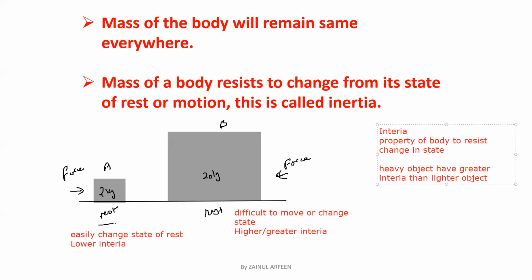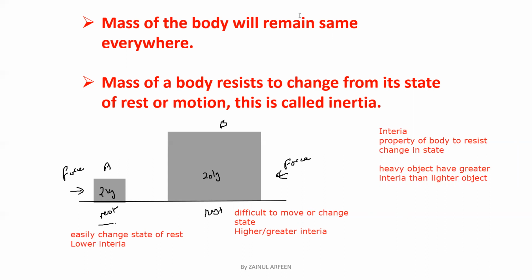Because heavy objects are difficult to move, lighter objects are easy to move. So the concept of inertia is a tendency to resist the change in state. If something is at rest and you try to apply a force to move it, why does the object not move easily? Because it has a mass, or it has matter, or we also say it has inertia. So the greater the mass, the greater the inertia of an object.